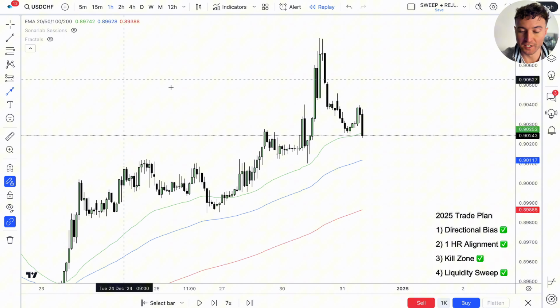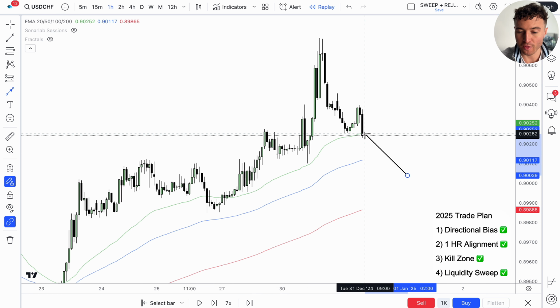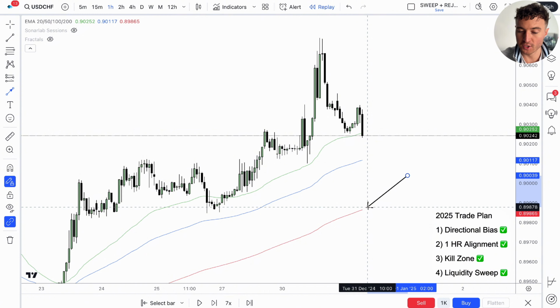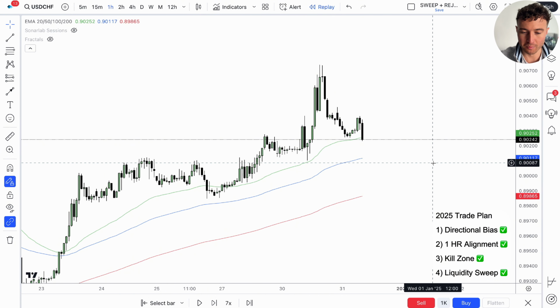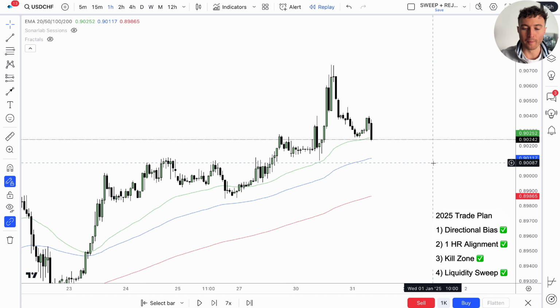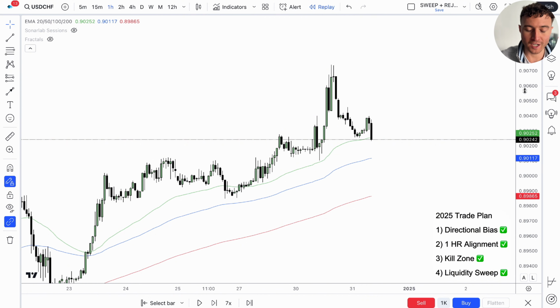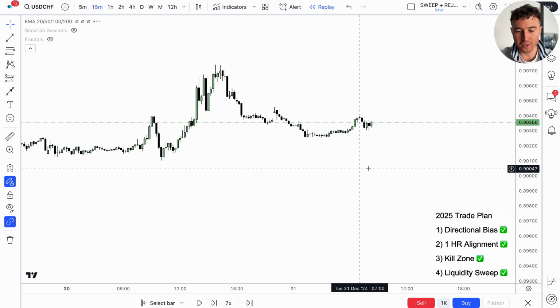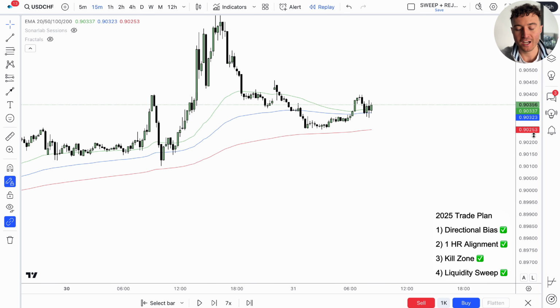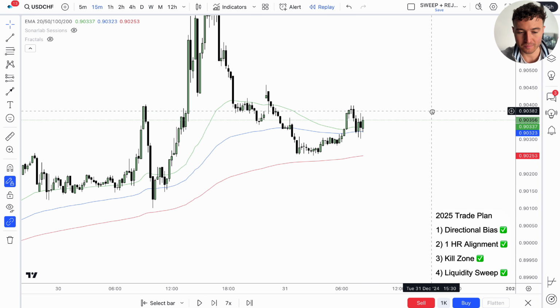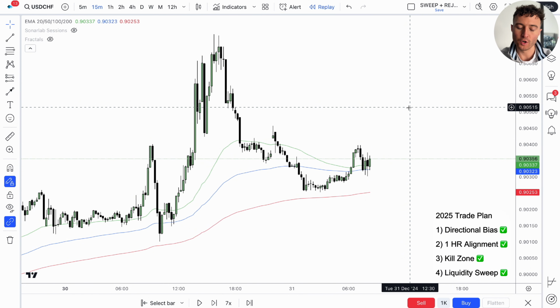What you can see here on the hourly is the 50, the 100, and the 200 is also indicating longs on this market, which is also implying to us that the momentum is clearly to the upside on all time frames, okay? Also on the hourly and on the 15-minute time frame. That is how you can trade a very high probability setup. So that is trade score number 2.